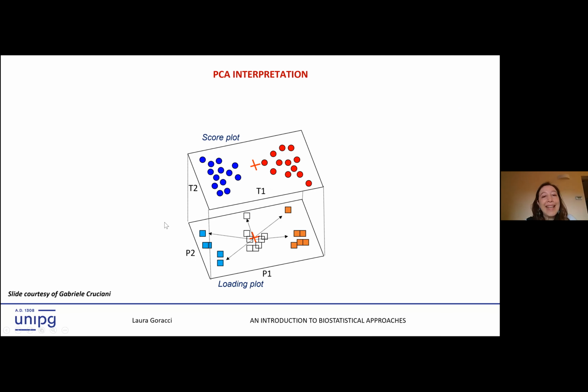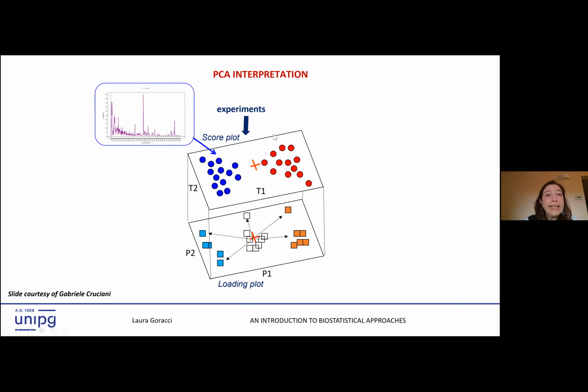And since they are in the same plot, defined by the same variables, here I'm calling PC1, T1 in the score plot and P1 in the loading plot, just to differentiate them, you can superimpose your score plot and the loading plot, because they are exactly equivalent in the space. And here you can start your interpretation.